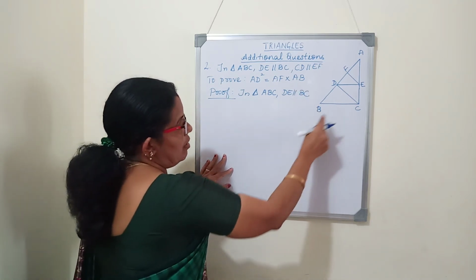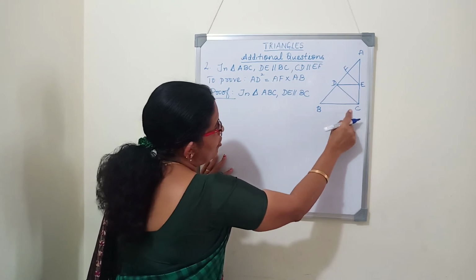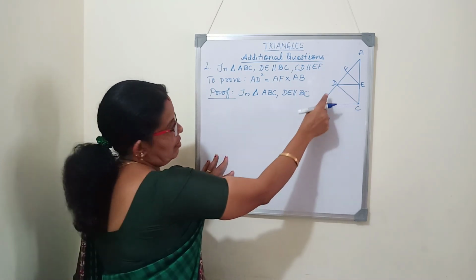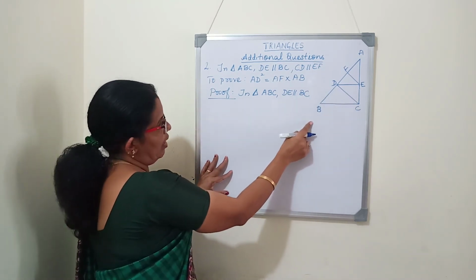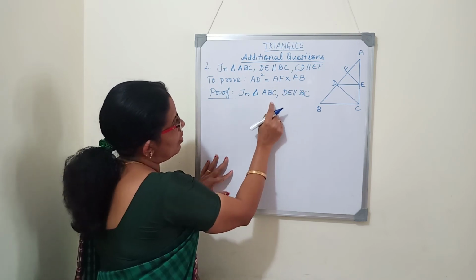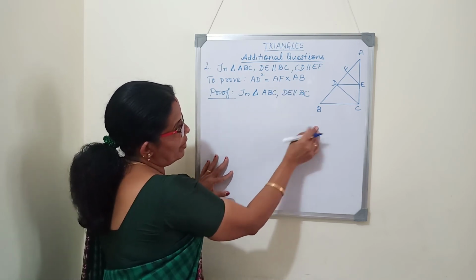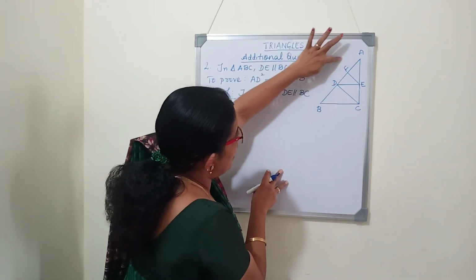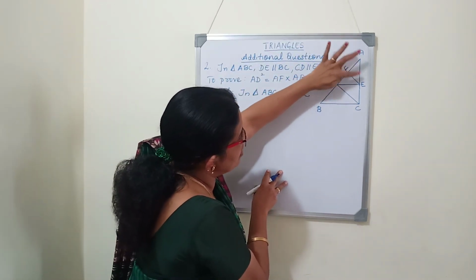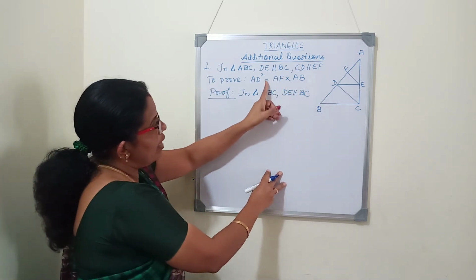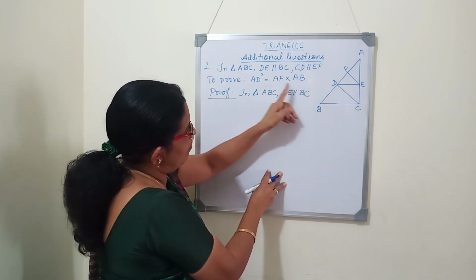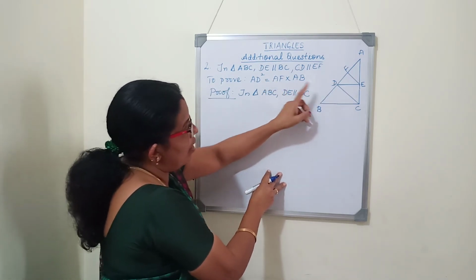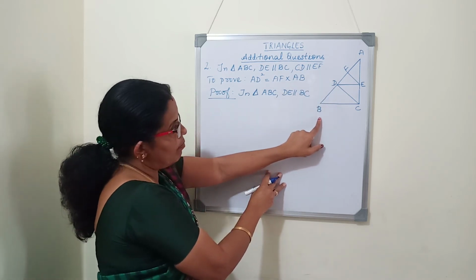So if DE is parallel to BC, we can write the BPT or its corollary, according to the question. See, if we apply BPT, DE is parallel to BC, we will write AD by DB equals AE by EC. But in the proof, DB is not given, EC is also not given.